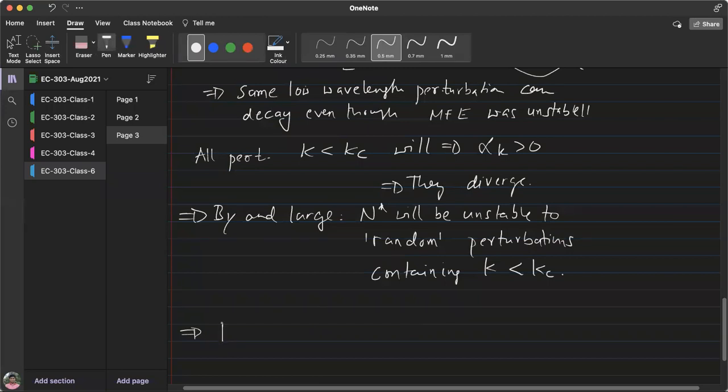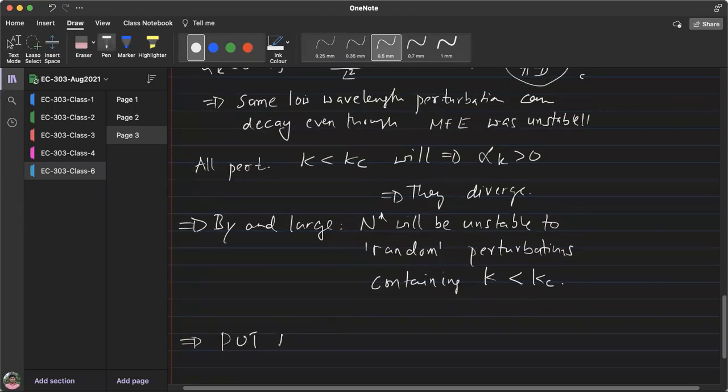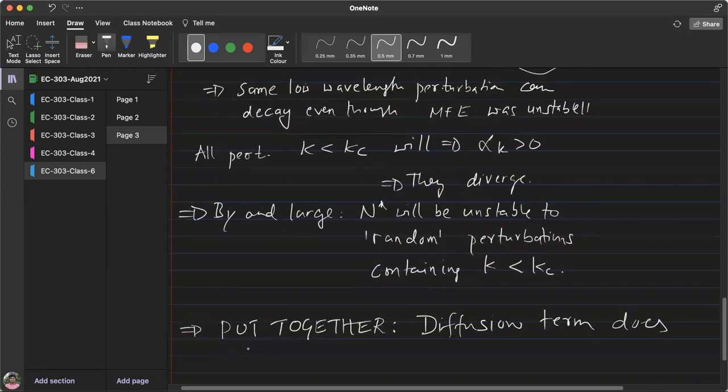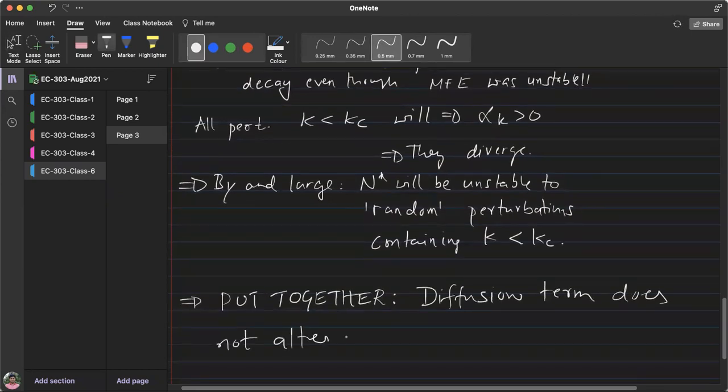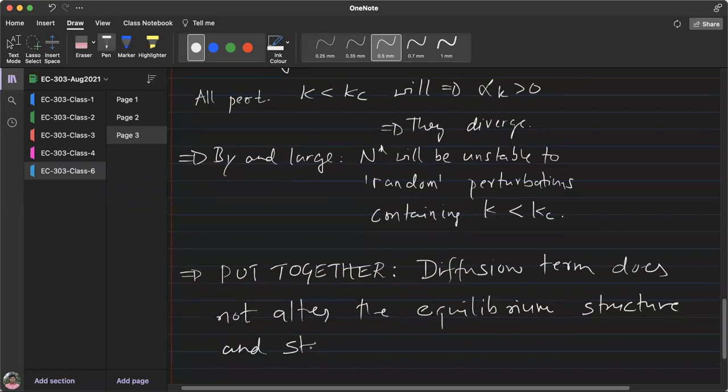So put together, the diffusion term does not alter the equilibrium structure and stability of the mean field model.